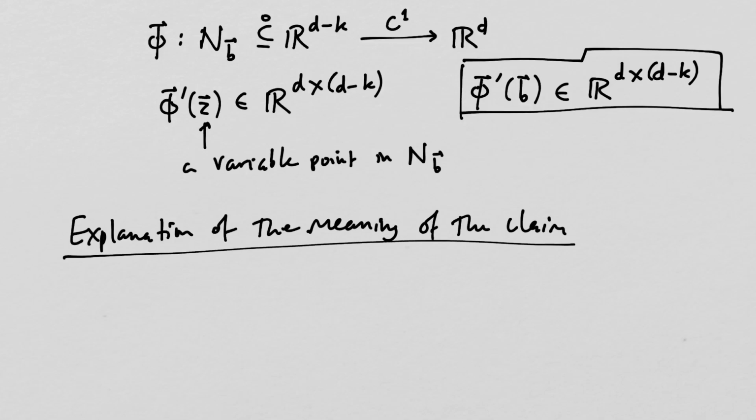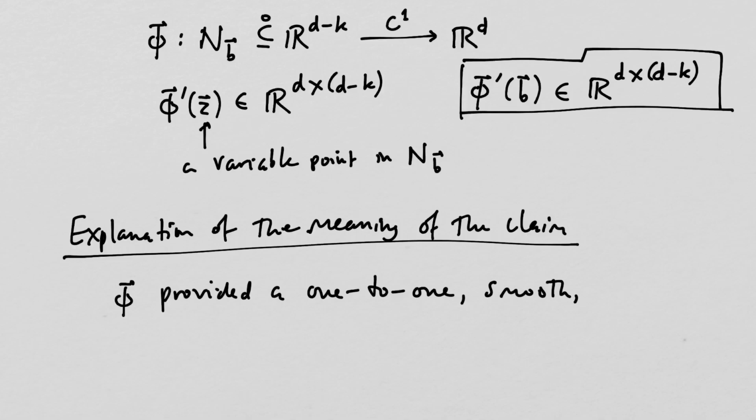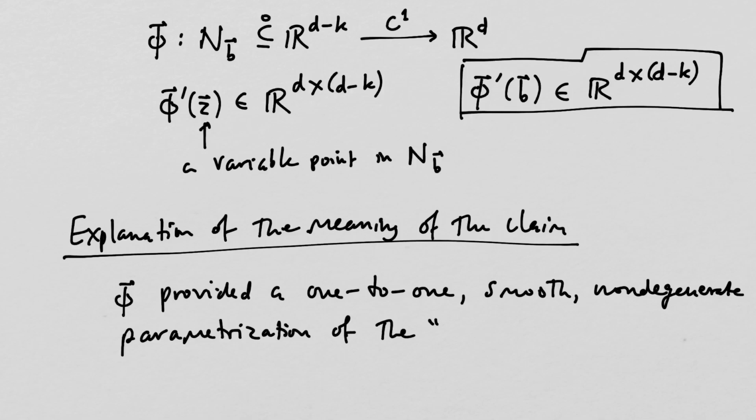The meaning of it is that the function phi provides a one-to-one, smooth, and non-degenerate parametrization (I'll explain the meaning of each of these terms in turn as we come to them) of the patch S intersected with this open set, which is a patch of S itself.